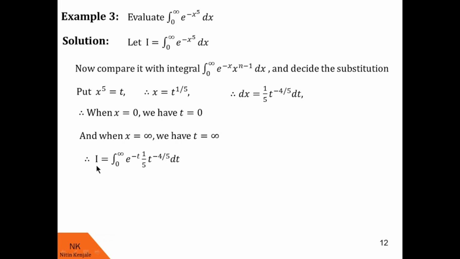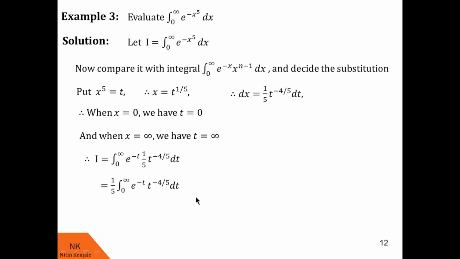So integral I will look like integral from 0 to infinity of e raised to minus t into dx value is 1 by 5 t raised to minus 4 by 5 dt. Let us take out this constant. So we have 1 by 5 integral from 0 to infinity of e raised to minus t into t raised to minus 4 by 5 dt.